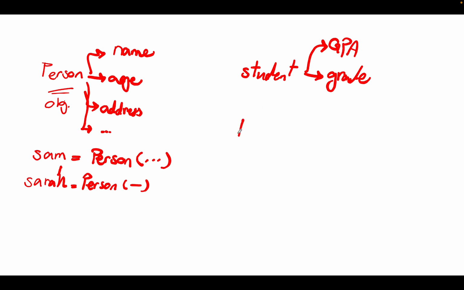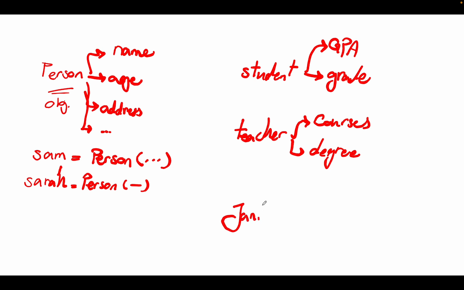And we can also say teacher, for example: the courses that the teacher teaches, the teacher's degree maybe, and other features. And then we can also go janitor. We can say what the janitor's salary is. We can say if they're full time or part time, for example.